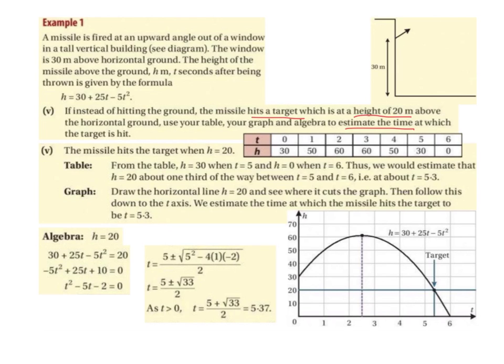We're going to divide across by 5 and change the signs, or technically you could just divide by minus 5. So minus 5t squared divided by minus 5 is t squared, 25t divided by minus 5 is minus 5t, and 10 divided by minus 5 is minus 2. So now we have t squared minus 5t minus 2 is equal to 0.